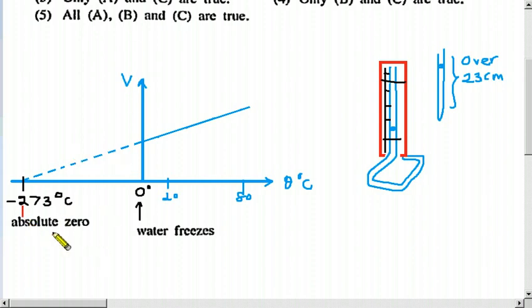That means in Kelvin, capital T equals 0 Kelvin. So here it is 273 Kelvin at which water freezes.